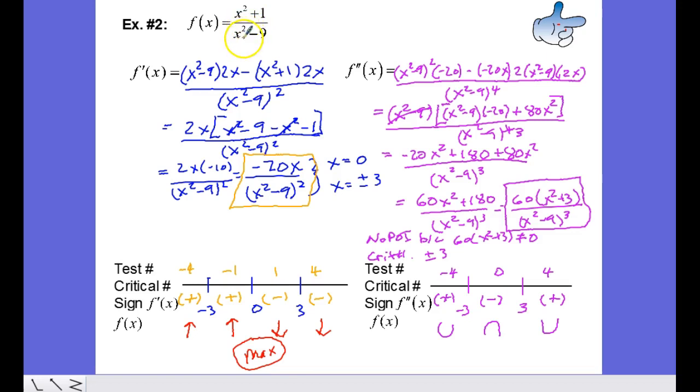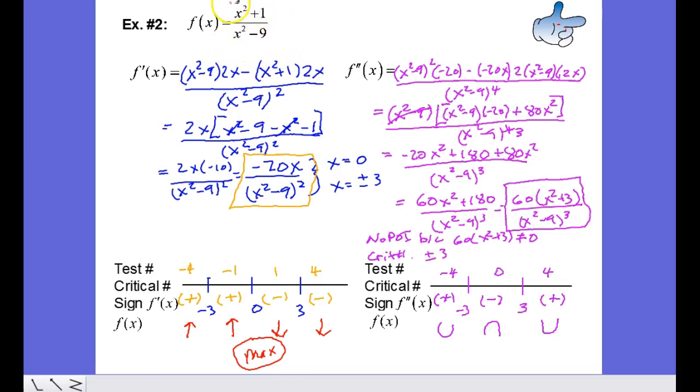And actually we do. If you look at the ratio of the two leading terms, they're both the same, x squared over x squared. Remember that if they have the same degree, the ratio of the lead terms will give you a horizontal asymptote. So we have a horizontal asymptote at y equals 1, and for that reason, the value 1 is going to be excluded.